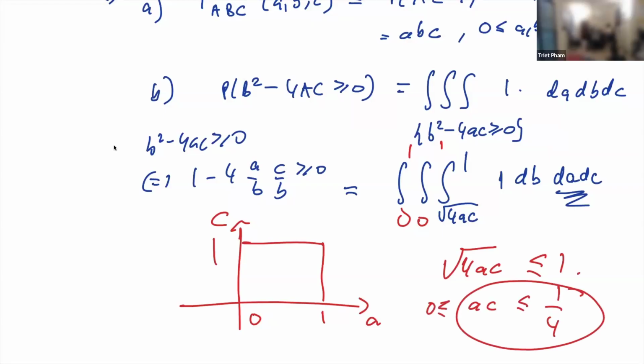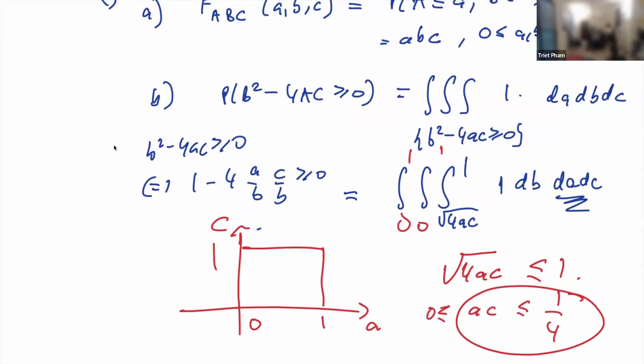Of course, it's not negative. So there must be a curve AC equals 1/4. And you only integrate over the region AC less than or equal to 1/4.